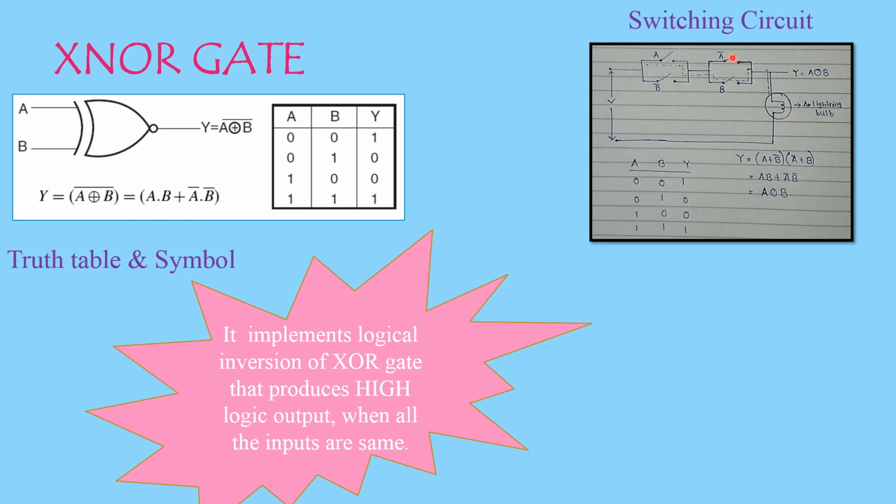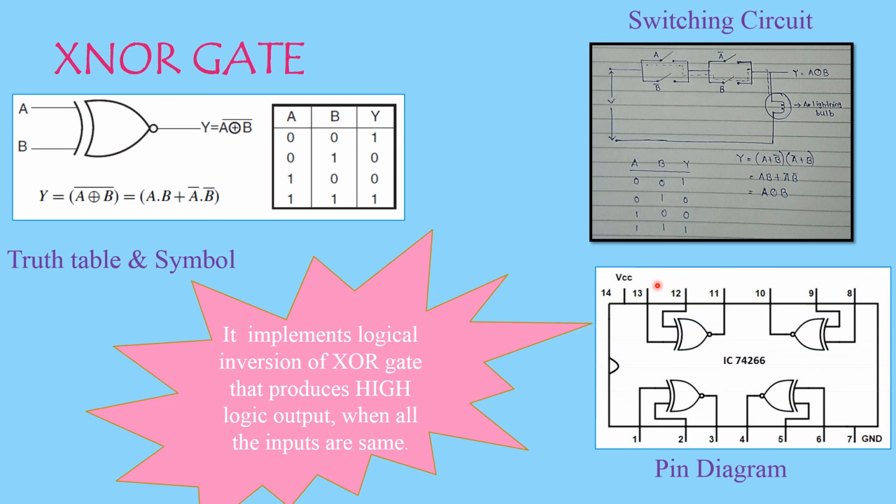And similarly, whenever A bar and B bar switches are closed, you will have your lamp glowing. In other words, whenever the inputs are same, you will have a high output. For other cases, you will have a low output. So the assumptions are different over here, but I have made use of the same arrangement.